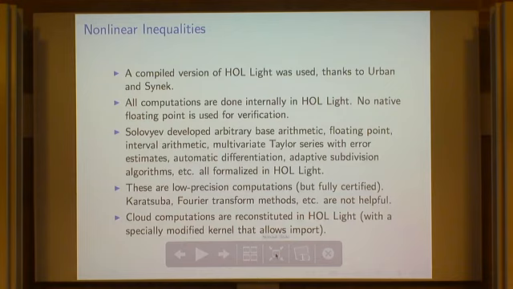The way HOL Light is designed, it's not parallelized, right? You're not allowed to import theorems from another session. We had this big cloud computation, so we had to create a specially modified kernel that did allow for the import of statements proved in another session, so that we had one master session that verified that none of the pieces were left out.